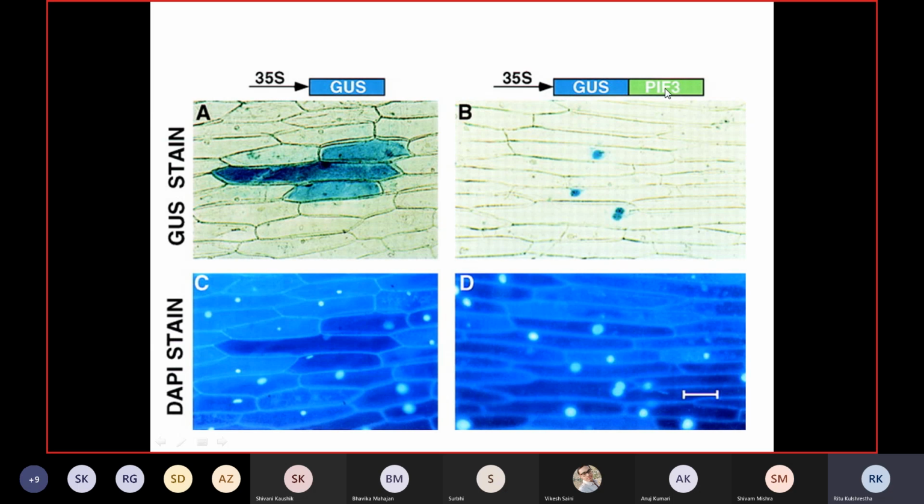In this case, this is my gene of interest. It has been fused with GUS under control of a 35S promoter. Because my gene of interest was nuclear localized, you can see that in this case, the gene is showing expression only in the nucleus. So this is how you can look for the localization of your gene of interest, by cloning it as a fusion protein, either with GUS, or you can also use GFP.